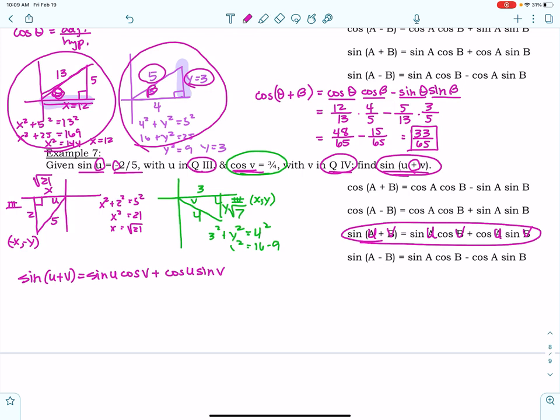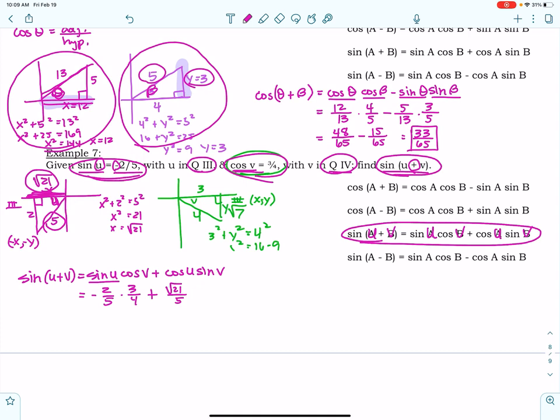All right, so now I'm going to replace sine of u with the sine of u I was given. It's negative 2/5. Cosine v, of course, I was given that as well. It's 3/4 plus cosine u. So u's over here, cosine's right here, so it's going to be adjacent over hypotenuse, so that is going to be radical 21 over 5.